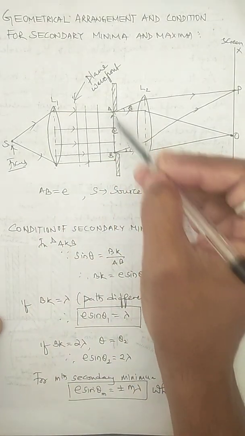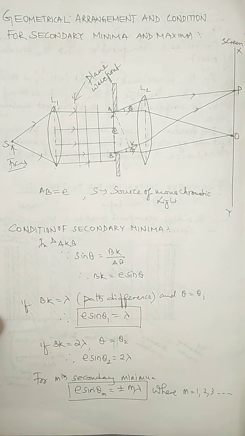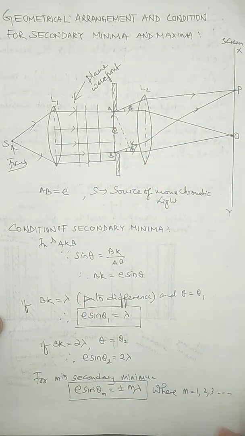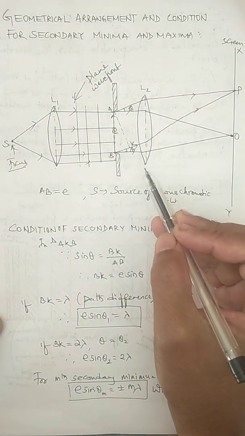So AB is the slit whose width is e. Now in order to observe the diffraction pattern, we have to place the screen. So XY is the screen. This screen is at a certain distance from the slit. But other than the lens L1, we are taking another lens, that is L2.